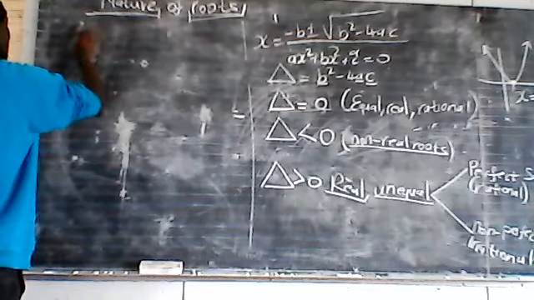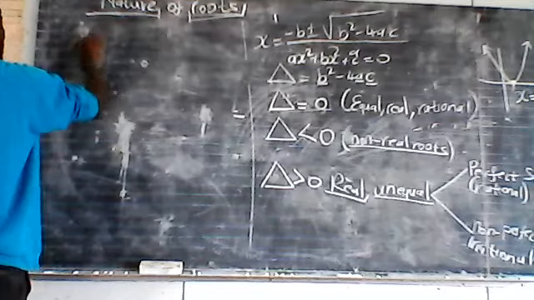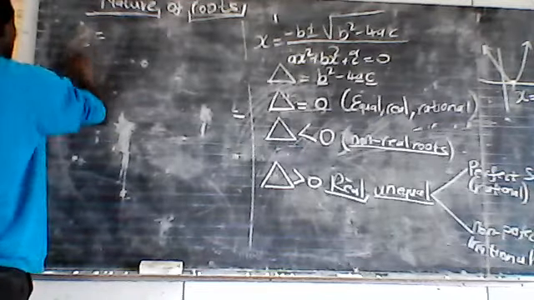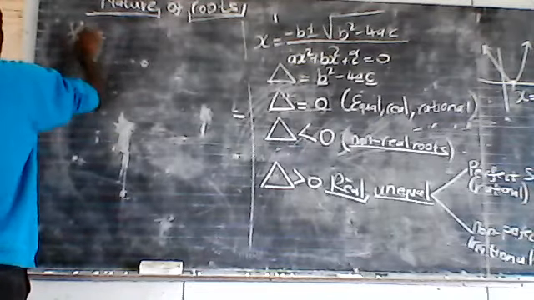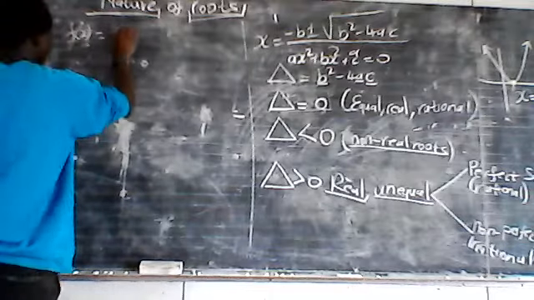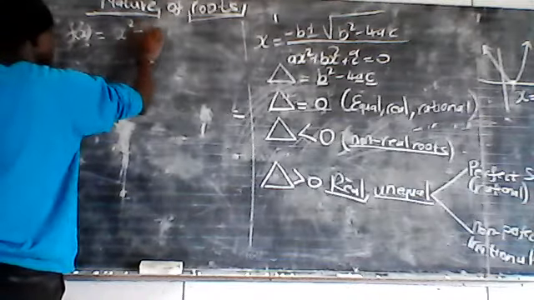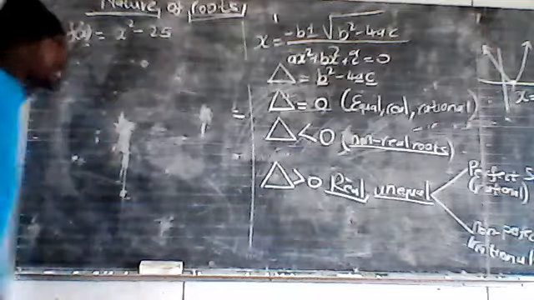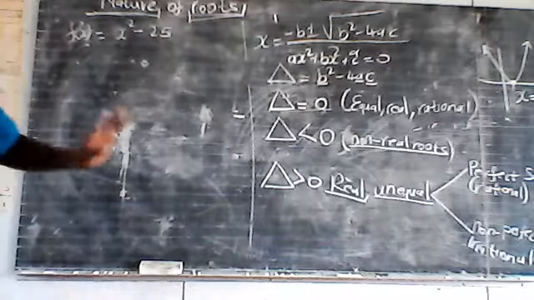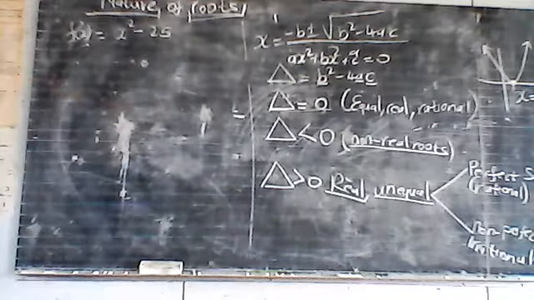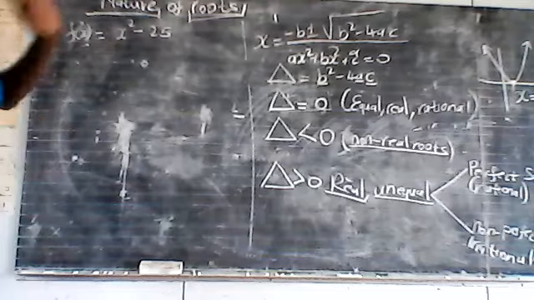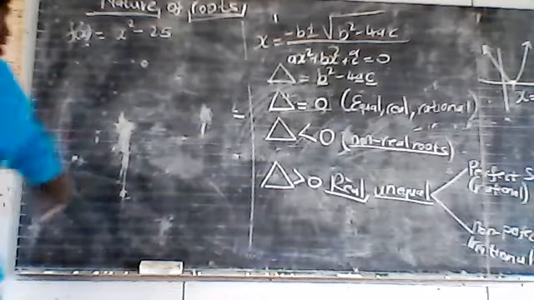We are saying you are having a function there where y equals, or rather, f of x, because this is for grade 11 and grade 12, your f of x equals x squared minus 25, guys. So we want to come to a way of predicting if those roots will be real, unequal, and rational.